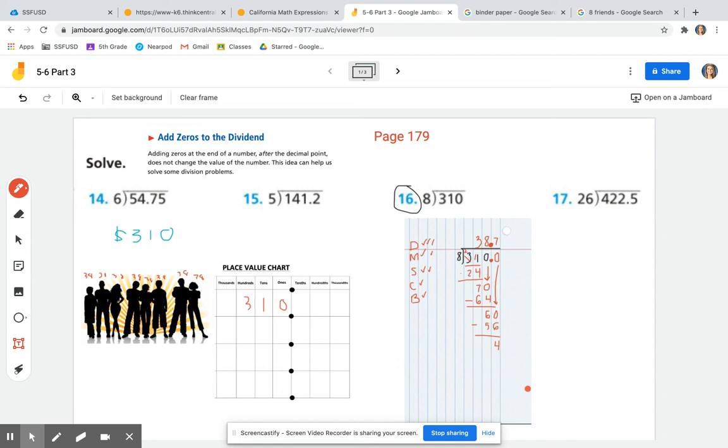Again, now we're left with a remainder. Would I write 38 and 7/10 remainder $4? No. What this 4 represents is 4 dimes. We can't evenly distribute 4 dimes among 8 friends. So we're going to have to exchange it for the next currency over. I'm going to extend my line in my division problem.